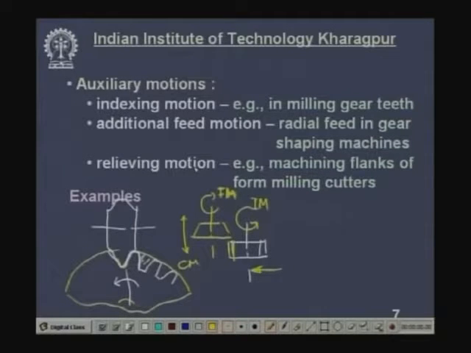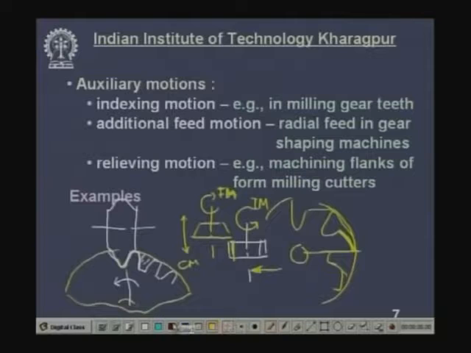Now, coming to relieving motion, for example, machining flanks of form milling cutters. Just imagine this is the disc, we are manufacturing a form milling cutter. So, what is the form of the tooth? This is one tooth, then this is another tooth, then this is another tooth. Now, how to cut this profile on the disc? Originally this is the disc, now this has to be produced.